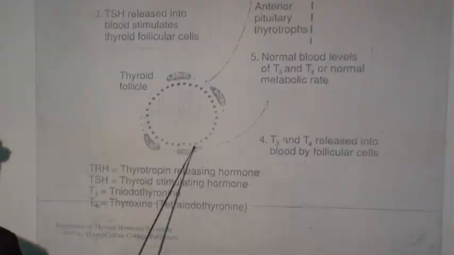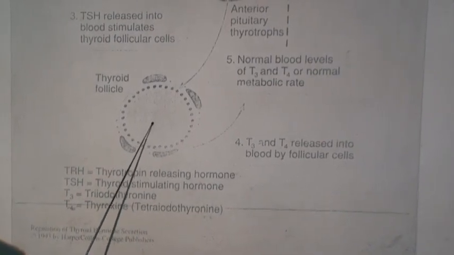When we take a section from the thyroid gland, we find that the section is composed of follicles. This is a thyroid follicle, encircled by the thyroid epithelial cells. These cells produce the hormones.